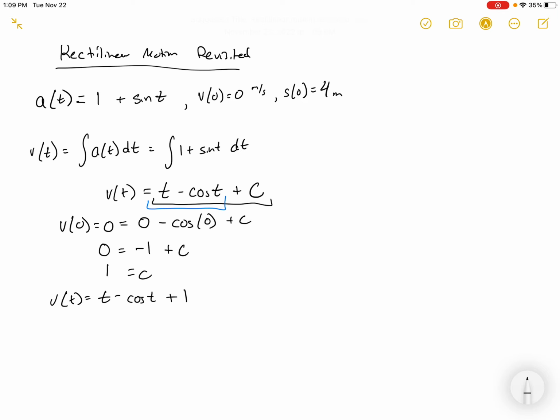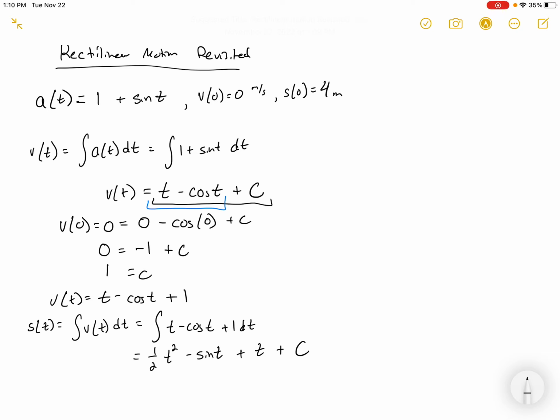We said we wanted to find position too, and position is just the integral of velocity, because velocity is the derivative of position. So if I take the integral of t minus cos t plus 1 dt, that's just 1/2 t squared minus sine t plus some constant c.